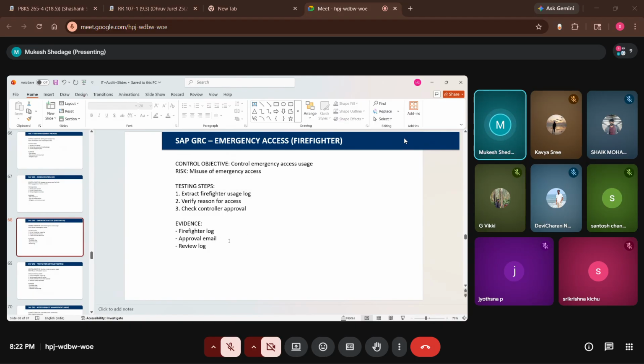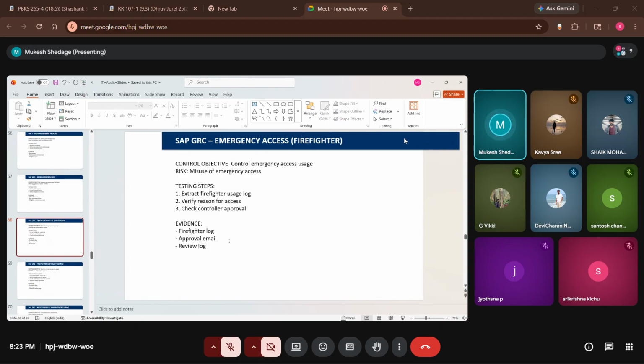So in firefighter ID, what we need to check is why they gave the firefighter ID, what the reason is, where they have used that firefighter ID, in system admin or wherever it may be, and then who gave the approval. These three things only we need to check. And the evidence will be the SU01 extract or SUIM extract and the approval email.